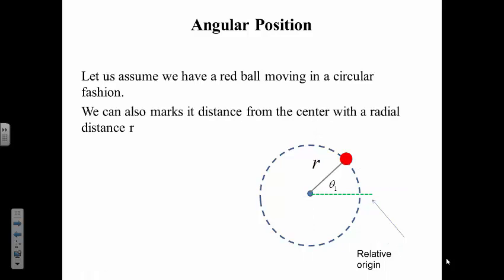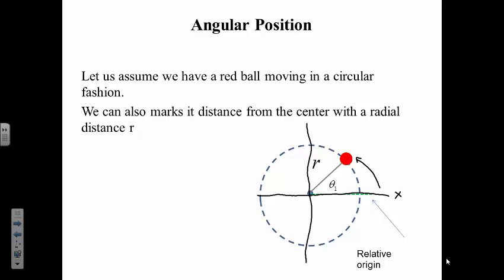So the next part we need in order to understand the motion of our object is, we've said that we mark our location by some angle, and we measure that angle from the x-axis counterclockwise.